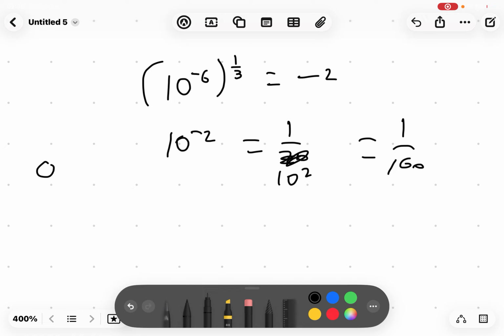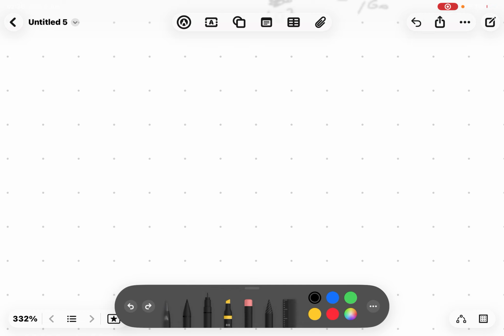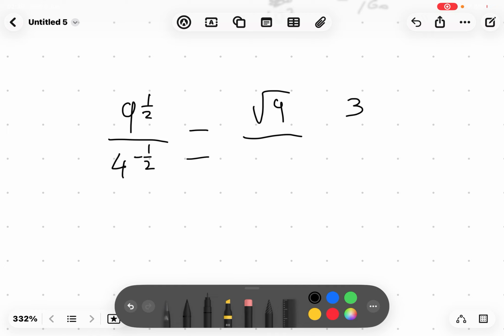And then last but, oh my god, 9 to the 1 over 2 over 4 to the minus 1 over 2. So in this case, square root of 9 over, so 3 over 4 to the minus 1 over 2. So we can flip it, we can put it up there.